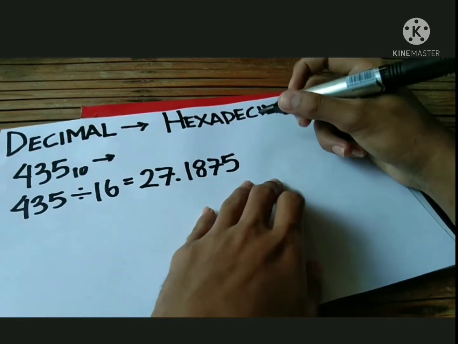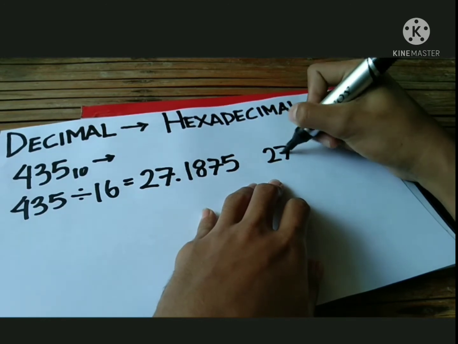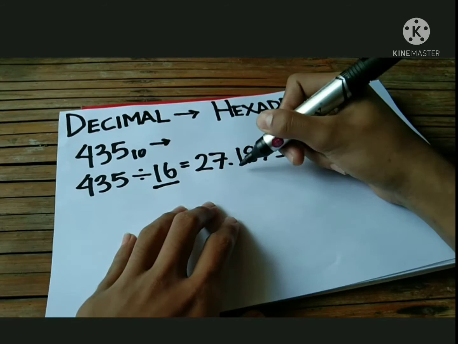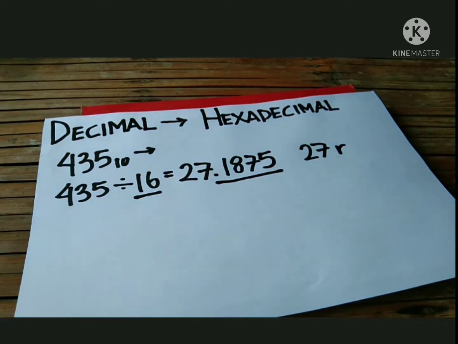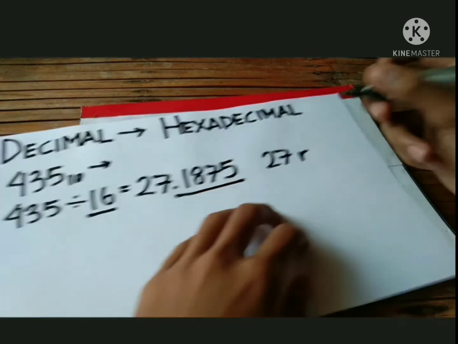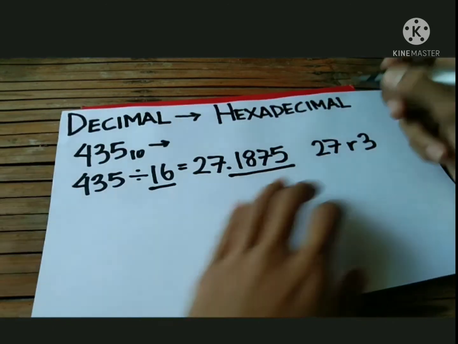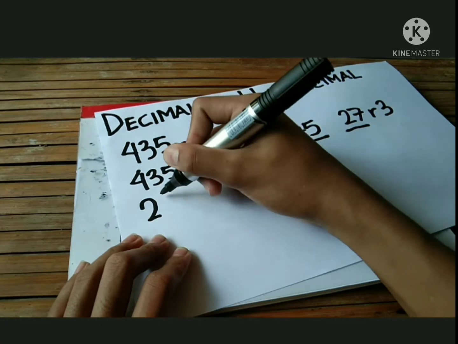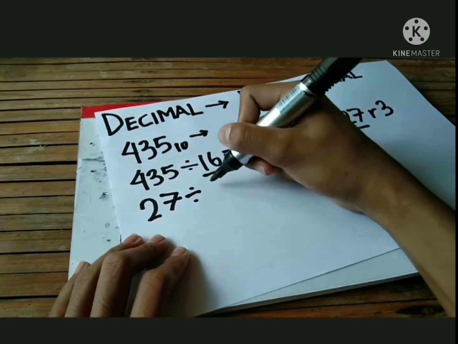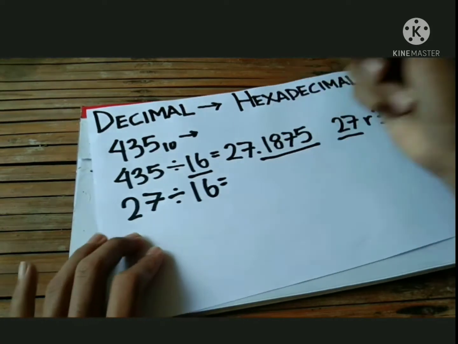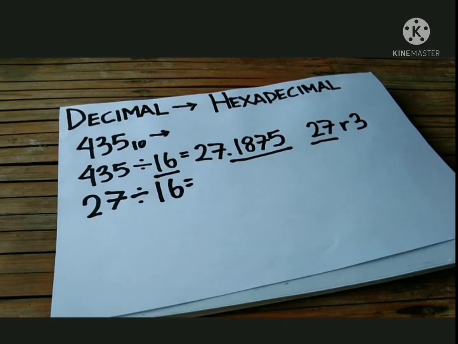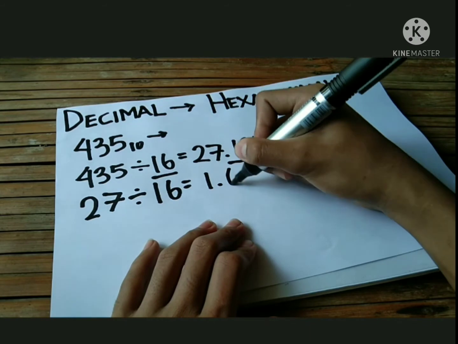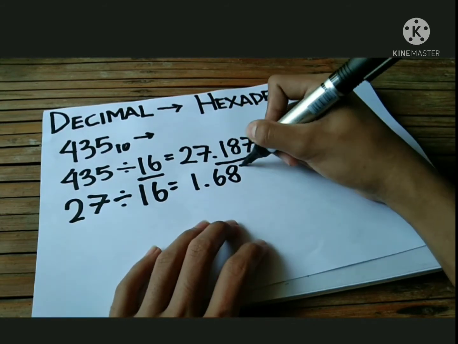So we put 27 here, and for the remainder, 16 times 0.1875 equals 3. So 27 divided by 16 equals 1.6875.